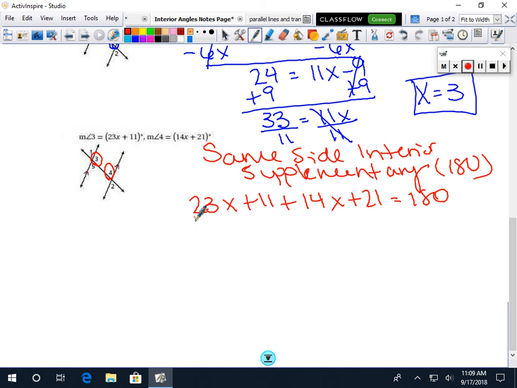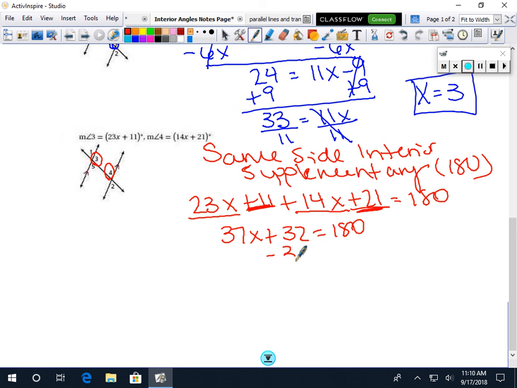Combine like terms on the same side of the equal sign. I have 23x plus 14x, and that gives me 37x. I have positive 11 plus 21, that gives me plus 32. And that's equal to 180. Now that I've combined like terms, I'm going to start moving stuff across the equal sign.